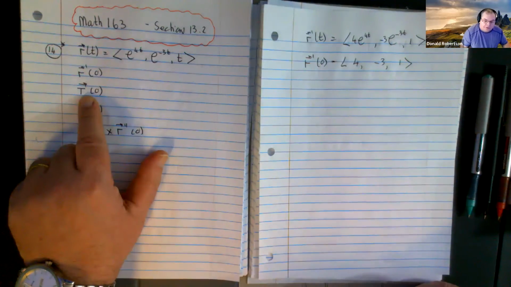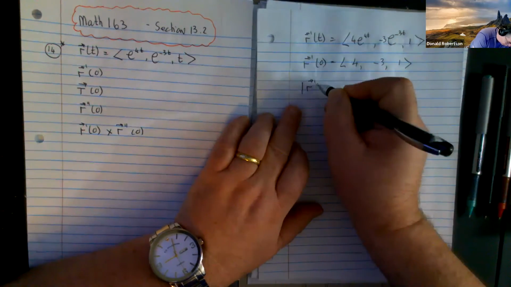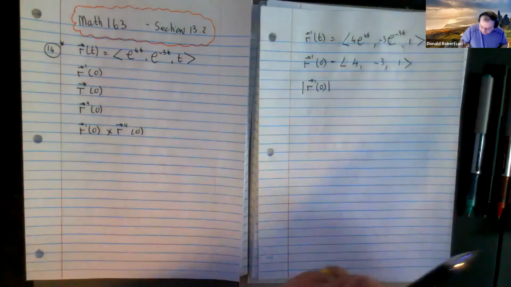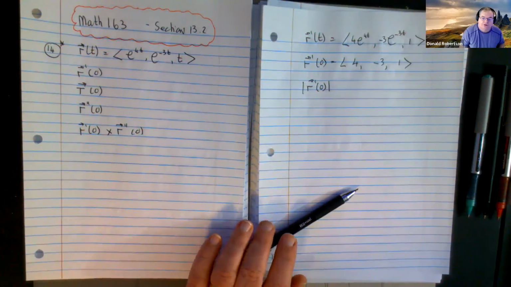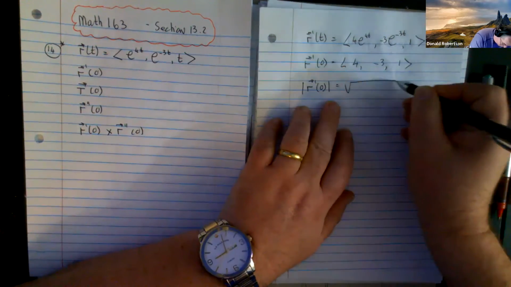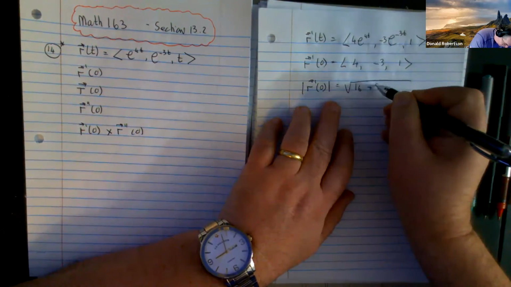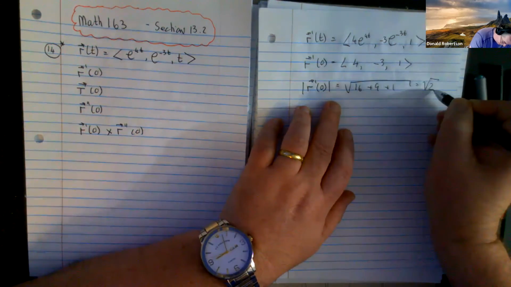Now, if you want to find the unit tangent, since we're only being asked to find it at 0, I don't need to do the generalized version. I can just use this vector. So I'm going to find its magnitude, which is 16 add 9 add 1, which I believe is the square root of 26.